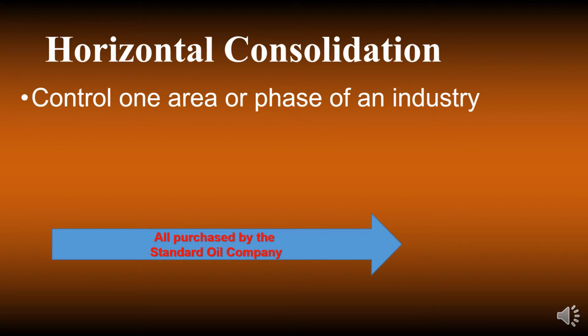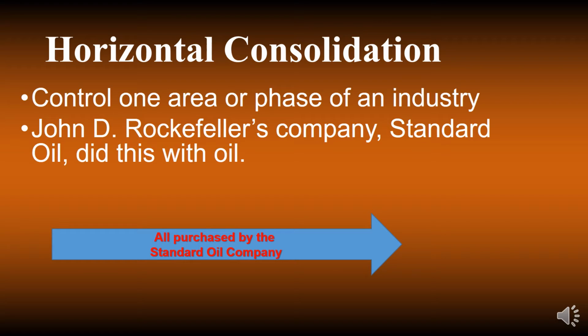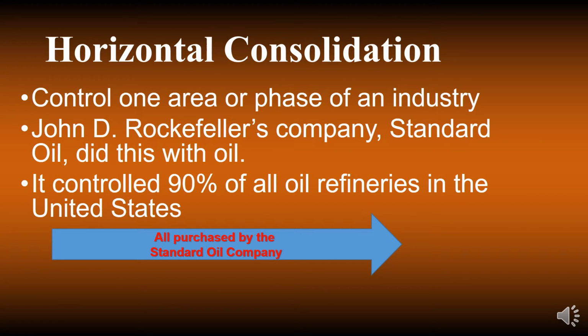Another means of consolidation, another monopoly, is called horizontal consolidation. Now, instead of owning every aspect of control, you concentrate on one single aspect. This example can be found in John D. Rockefeller's company, Standard Oil. Instead of going for the oil drills and all the other aspects of consolidation, he decided to go straight for the oil refineries.